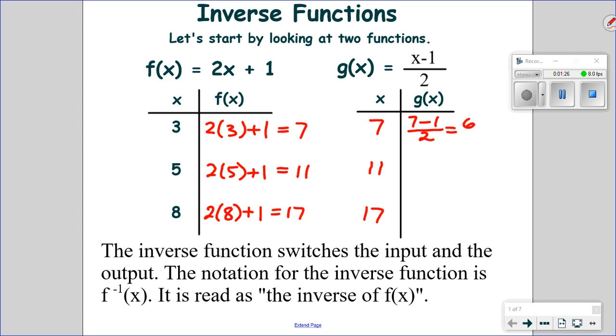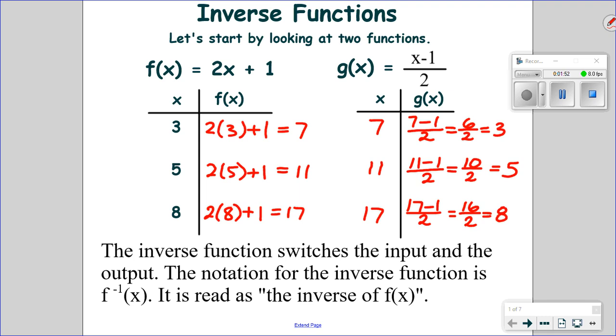That will equal 6 divided by 2, which equals 3. If I plug in 11, I get 11 minus 1 divided by 2. That equals 10 divided by 2, which equals 5. And then do the same thing with 17. 17 minus 1 equals 16 divided by 2. That equals 8.